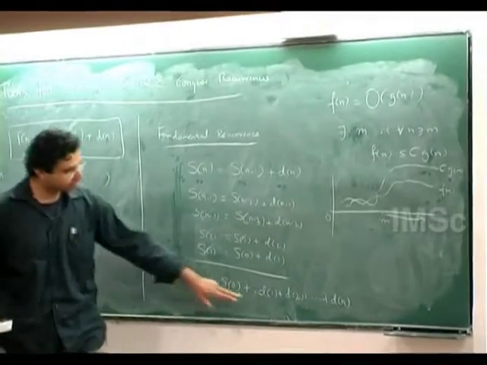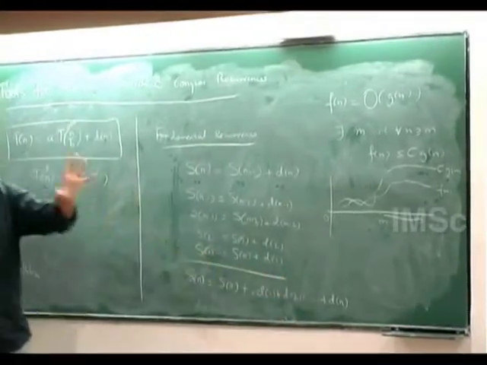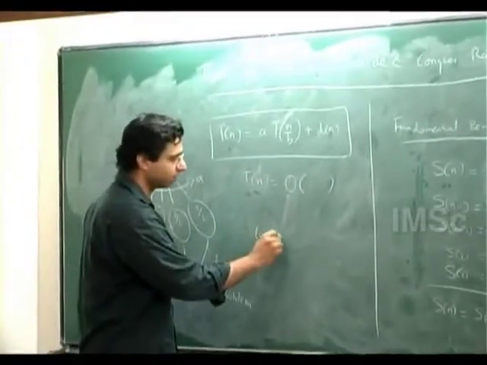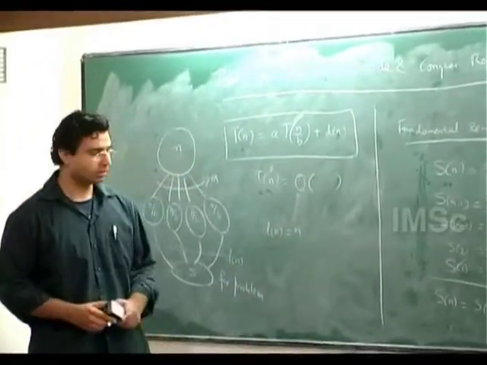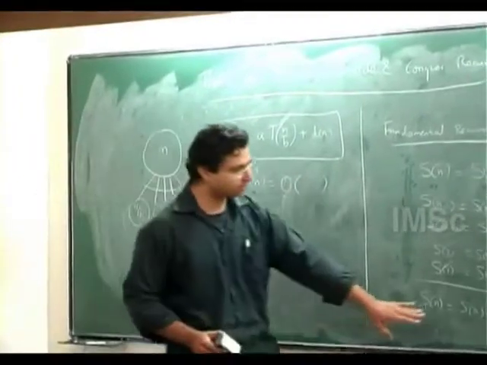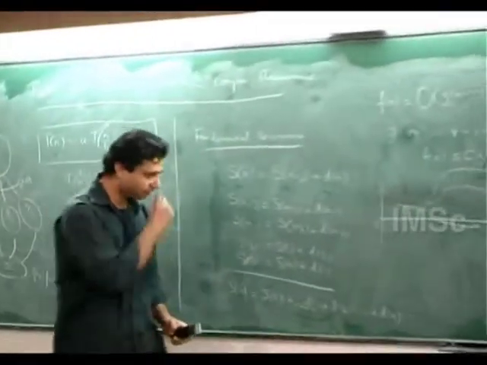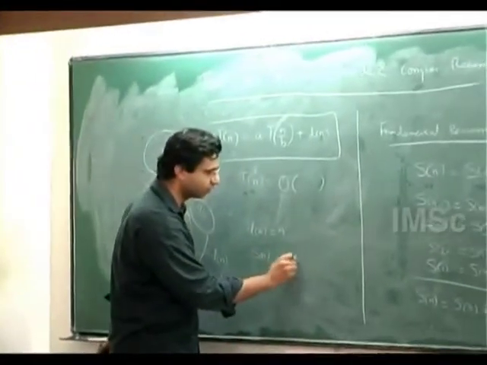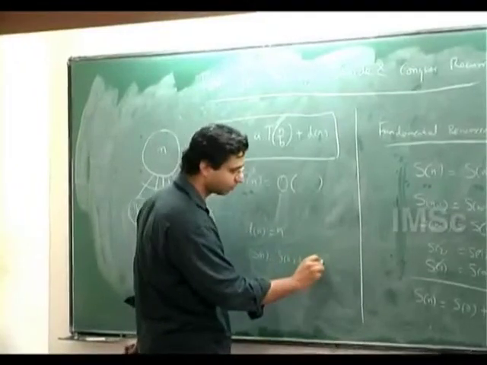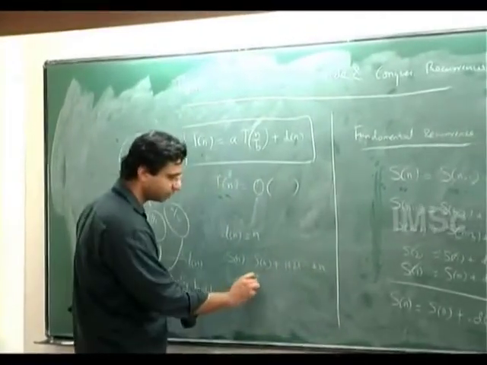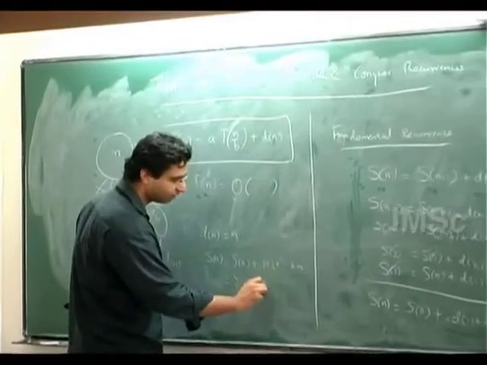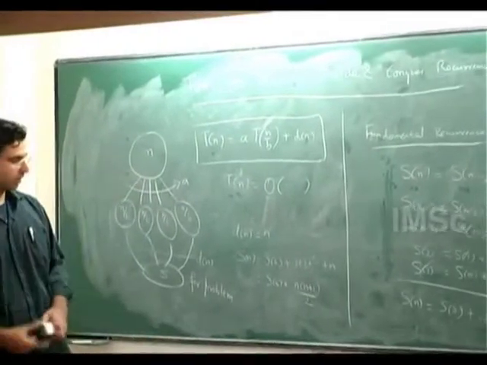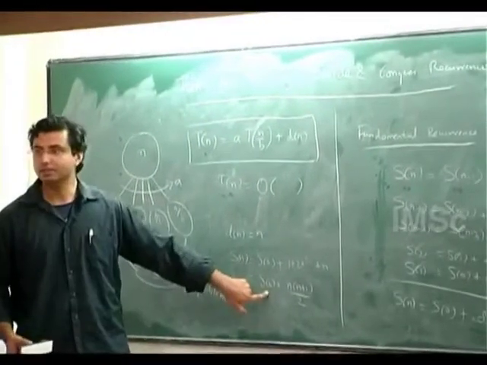If I can sum these terms easily, if my function d has a very nice form, let's say dn is just n, then I can write this summation in a very nice form. Sn is just S0 plus the sum 1 plus 2 plus up to n, which is S0 plus the sum of the first n numbers.